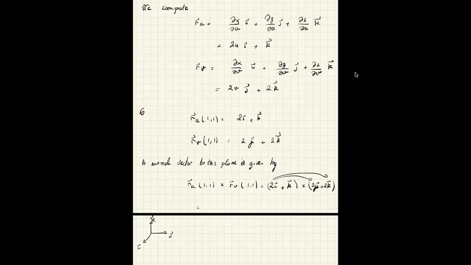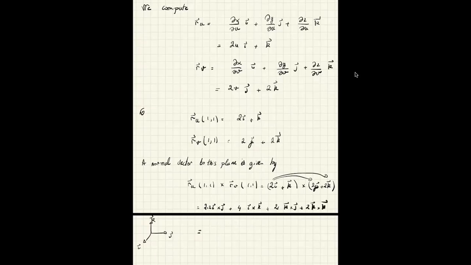So it's 2I times J plus 4I times K plus 2K times J plus 2KK.